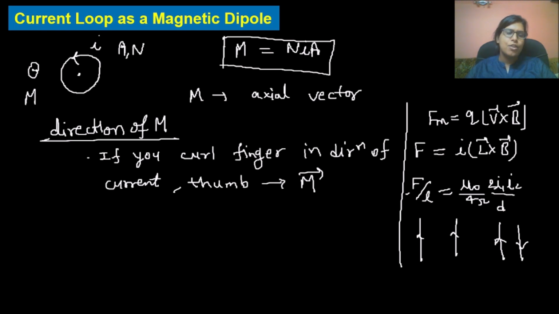So here the direction of M will be outside the paper, and for this loop M will be inside the paper.